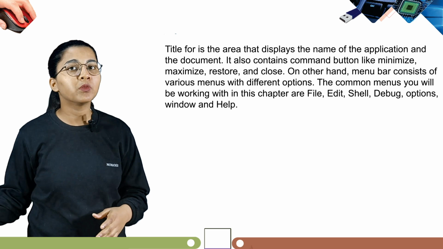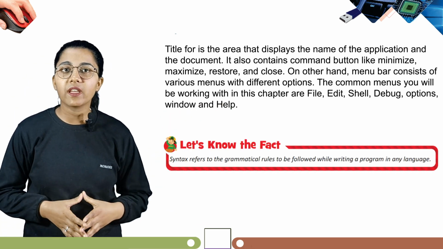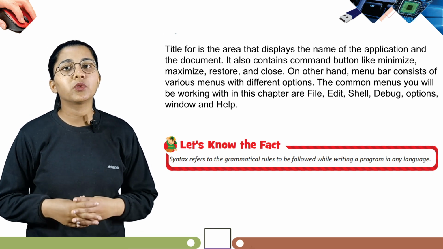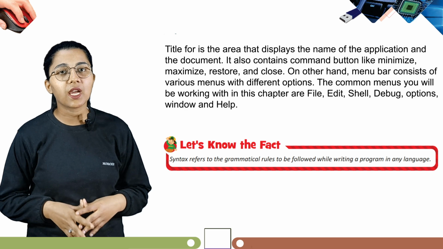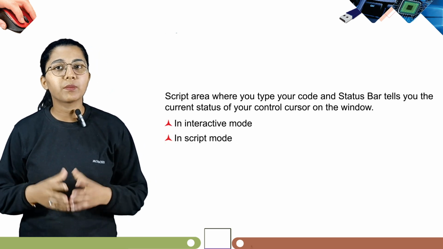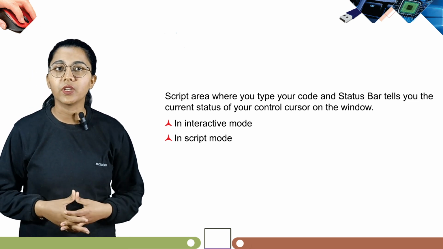Students, before we move further, here we have an interesting fact: syntax refers to the grammatical rules to be followed while writing a program in any language. Now the script area is where you type your code, and the status bar tells you the current status of your cursor on the window.